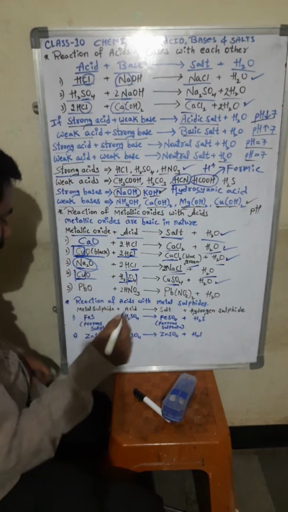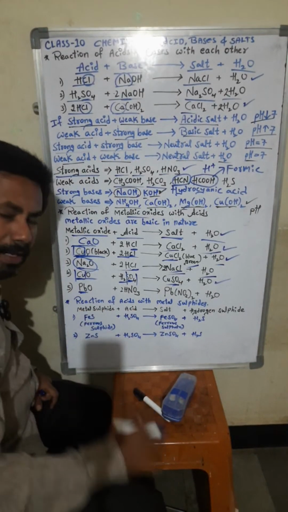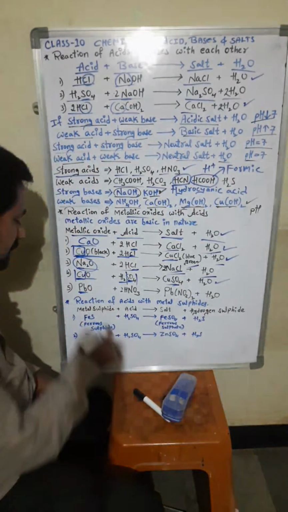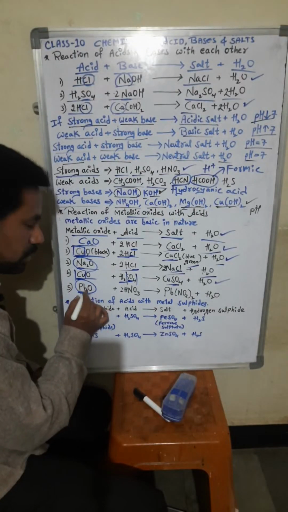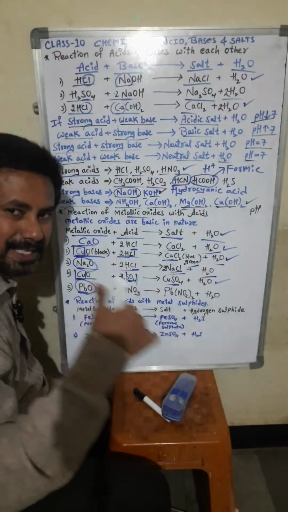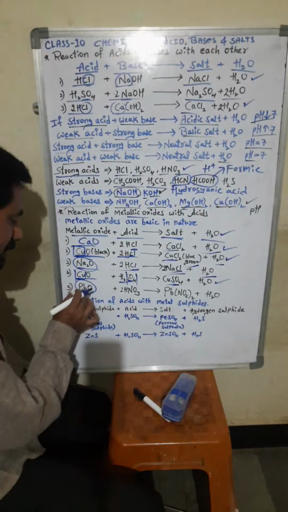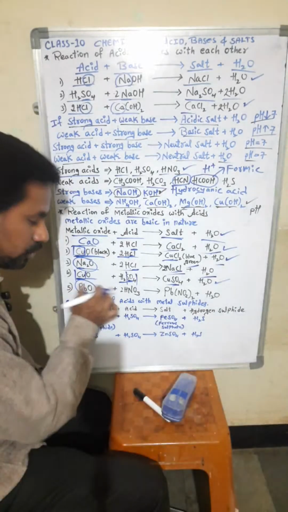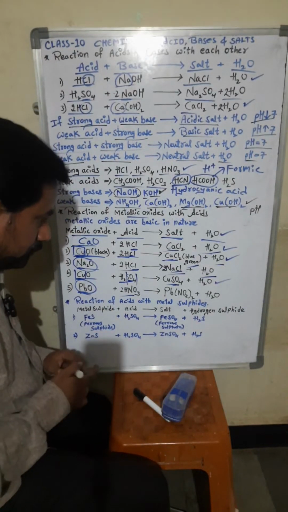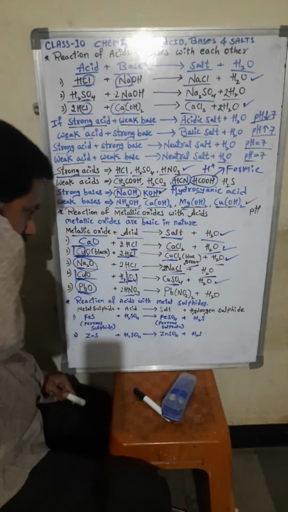Let's continue here. Pb. Pb means what? Lead. O oxygen, lead oxide. So lead oxide, PbO, is a metallic oxide. Lead is a metal. O is oxygen. Metallic oxide, lead oxide. It is combining with HNO3. H2SO4, HCl we have seen.